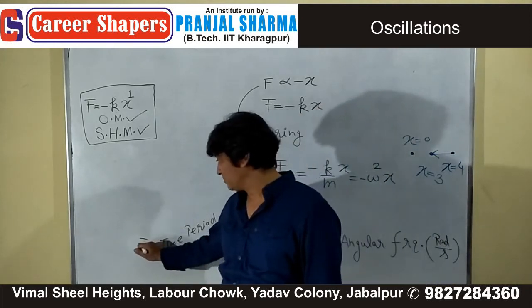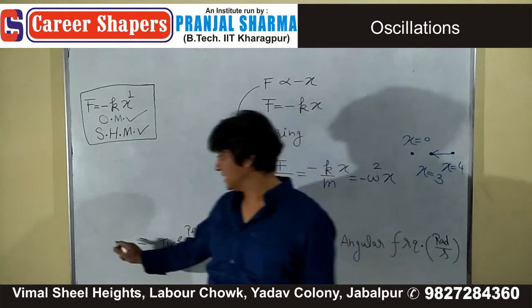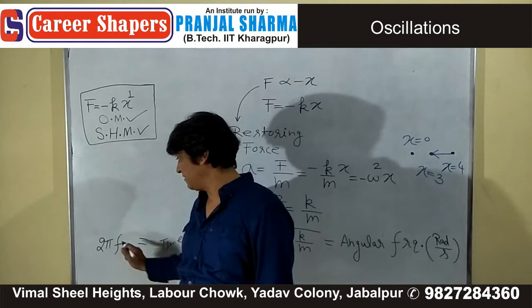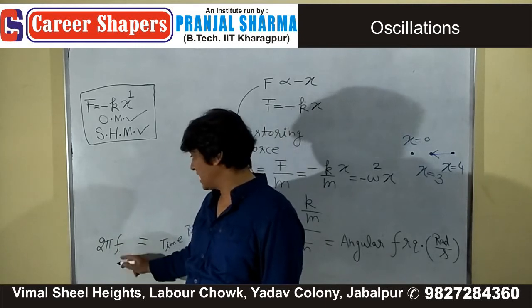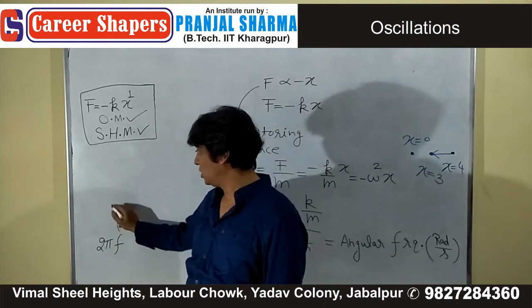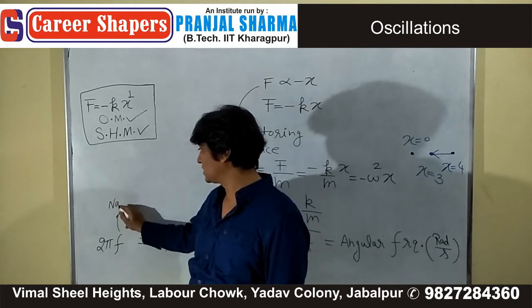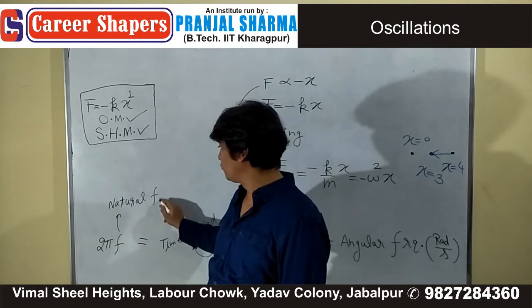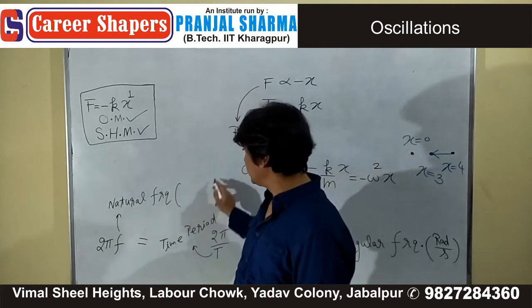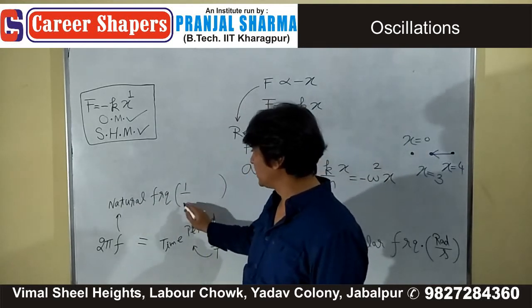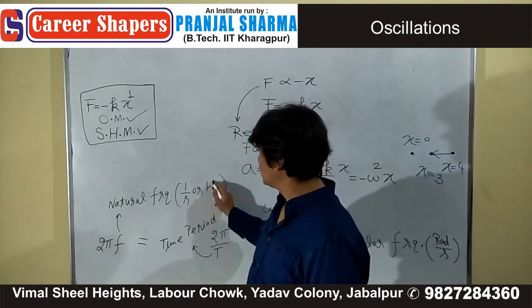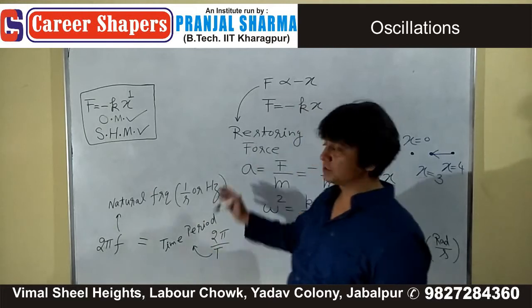At the same time, this omega is also called 2 pi f. This f is called natural frequency. Unit of natural frequency is 1 upon second, or something more familiar, which is hertz.